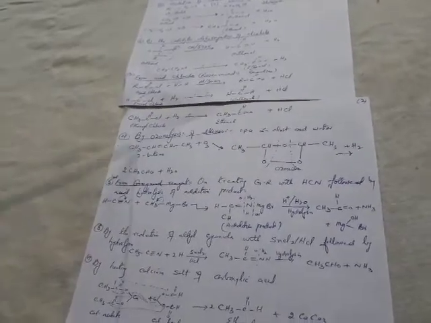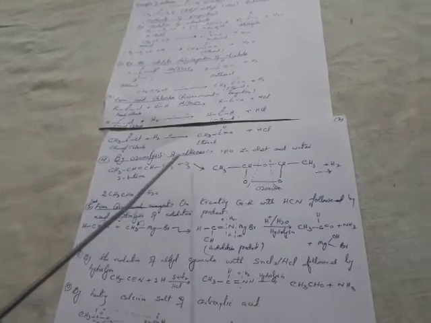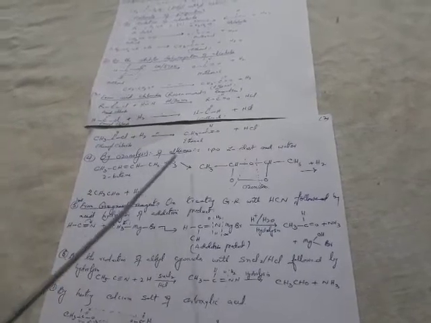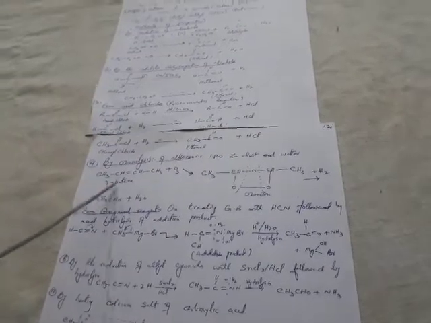Then we have one more method of the synthesis of these aldehydes, that is ozonolysis of alkenes. In ozonolysis, alkenes are treated with ozone in the presence of zinc dust and water. You can see here this is 2-butene.